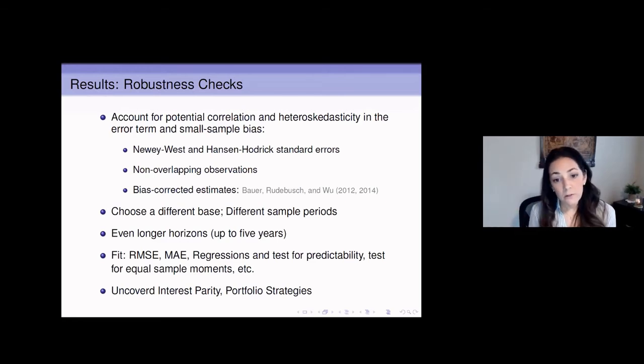But I also look at non-overlapping observations, and I use a correction suggested by Bauer, Rudebusch, and Wood to correct for this potential bias. So I look at this 3 different ways to account for this, and my results really hold, meaning that they're not being driven by the small sample bias or this persistence that we see in exchange rates.